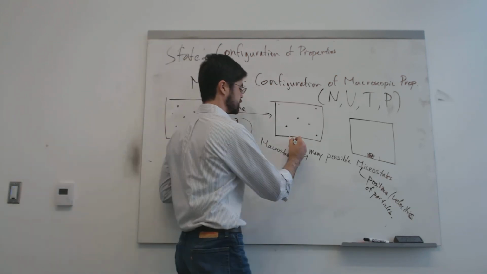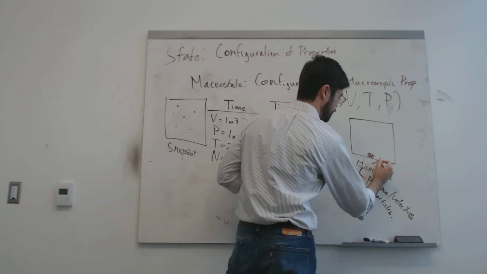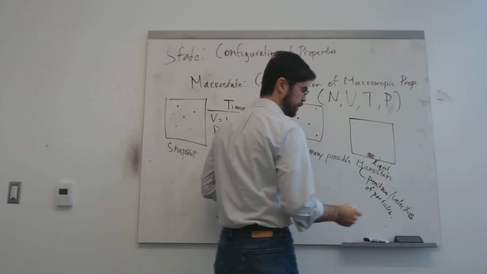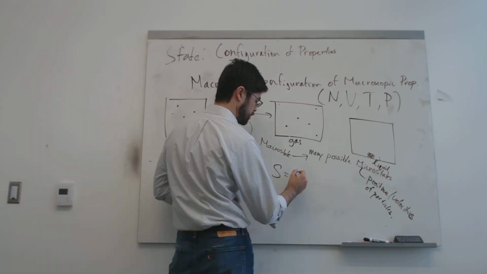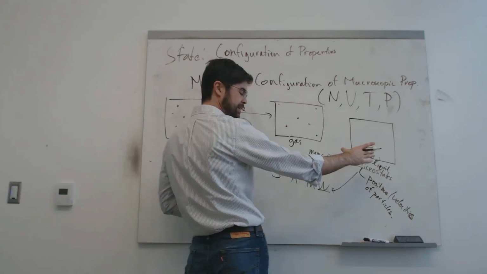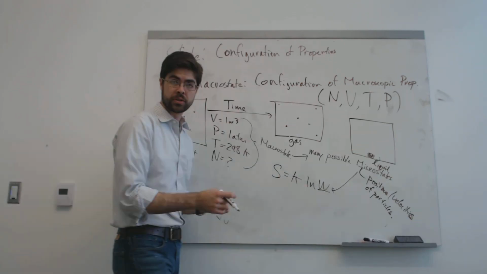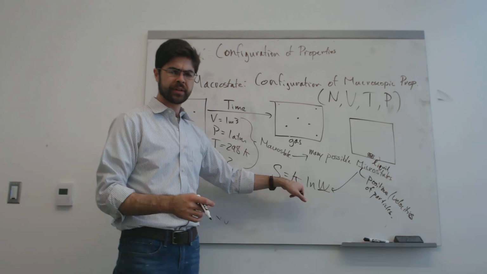So this would be a gas, this would be a liquid. And since we define entropy as related to the number of microstates, that implies that gases naturally have a higher entropy than liquids do.